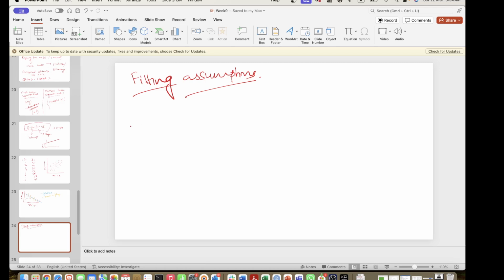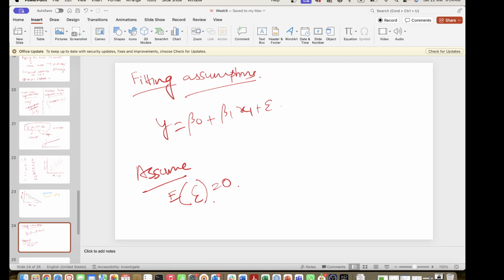While fitting the model, we have something like beta naught plus beta 1 x1 plus epsilon. We assume that the expectation of epsilon is 0, and that the variance of epsilon is sigma square.